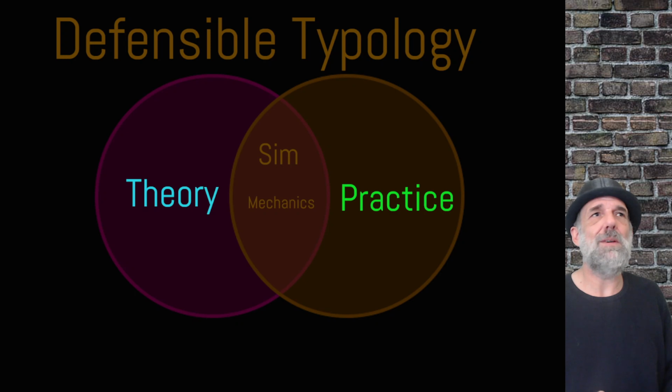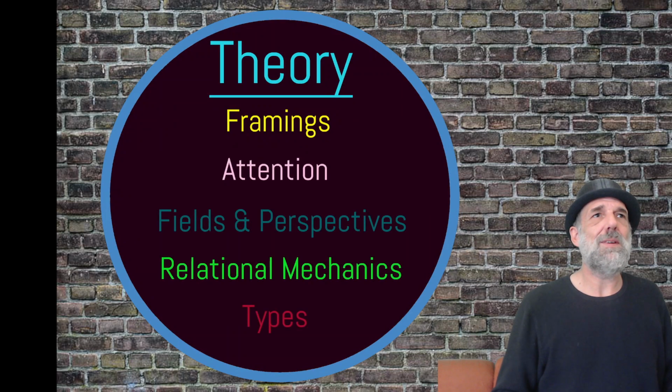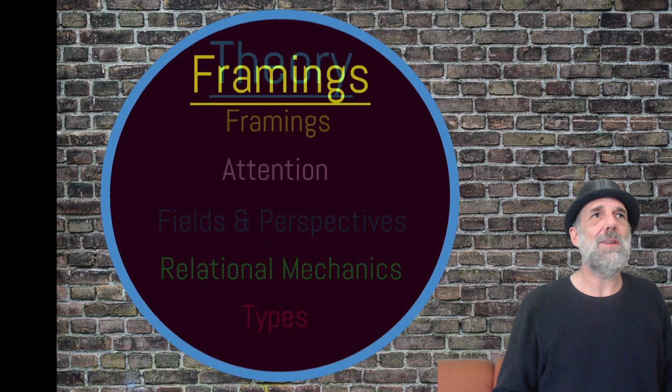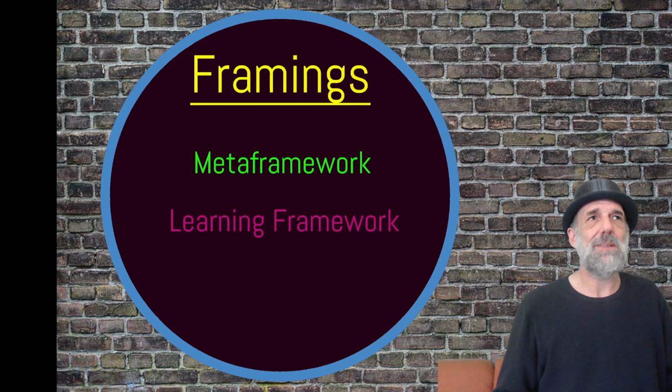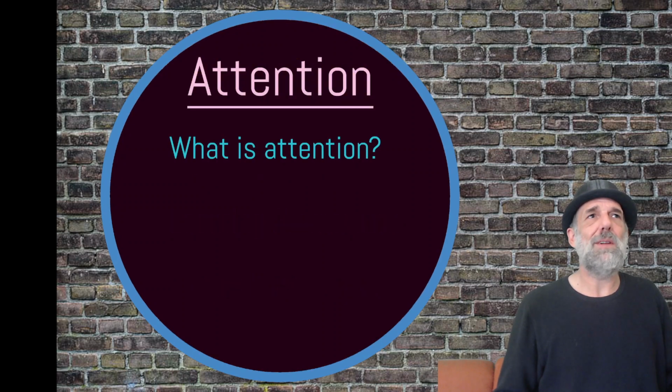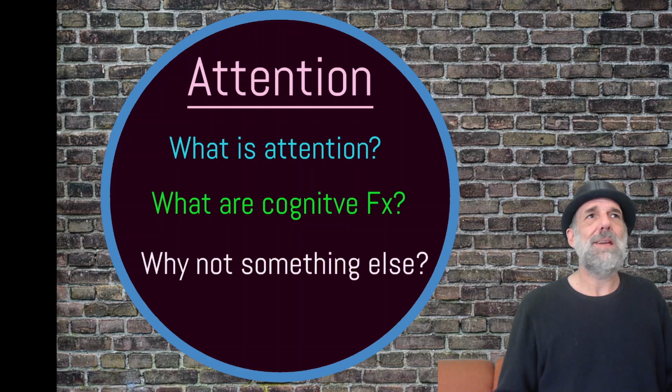So that's an overview of how I'm going to break down the theory section and how many classes exactly this will be. I would suspect that probably each one of these subsections of a subsection here, like, so this gets a class, that gets a class, that gets a class, but some of them are a little bit longer, like what is attention, what are cognitive functions, why not something else.